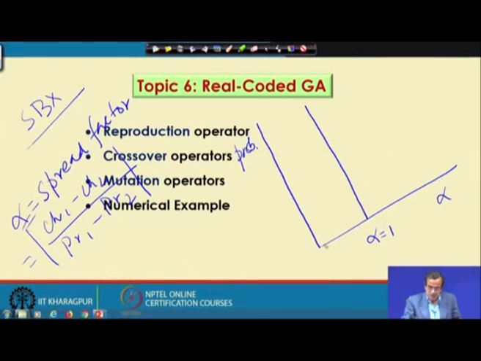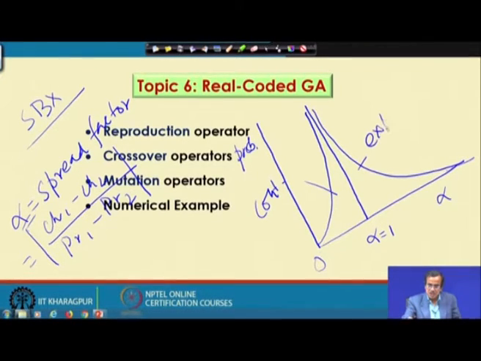From alpha equals 0 to 1 is called the contracting zone, and alpha equals 1 to infinity is called the expanding zone. The total area under this curve is equal to 1, the area under the contracting zone is 0.5, and in the expanding zone once again 0.5.